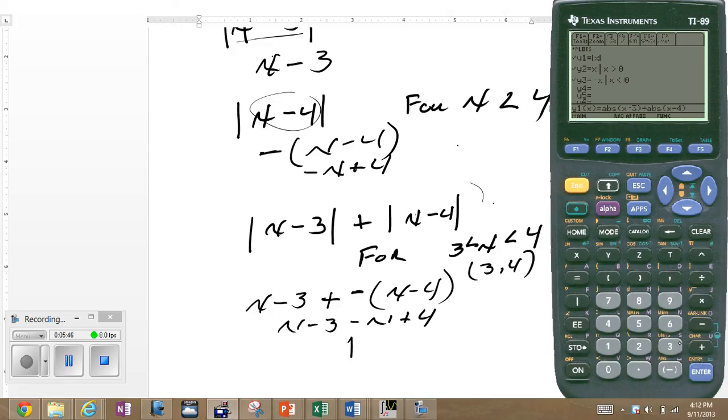Now we don't need these anymore, so I can just clear them. Now let's take a look at this graph, and then we might resize the window to convince you that this is exactly what it's supposed to be doing.